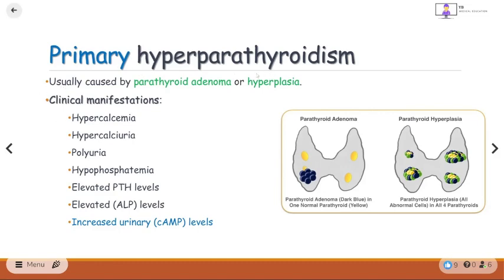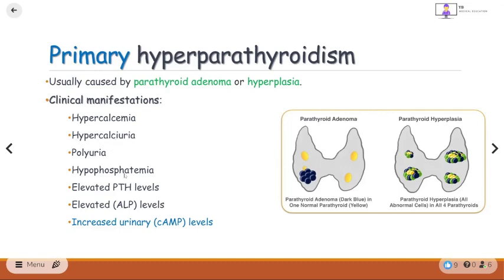Primary hyperparathyroidism is usually caused by adenoma or hyperplasia. What's the difference? Adenoma is when one parathyroid gland developed an adenoma. Hyperplasia means all 4 glands kept dividing and are hyperplastic. They keep releasing parathyroid hormone for no reason, so you get hypercalcemia and hypercalciuria, and all the symptoms of that.